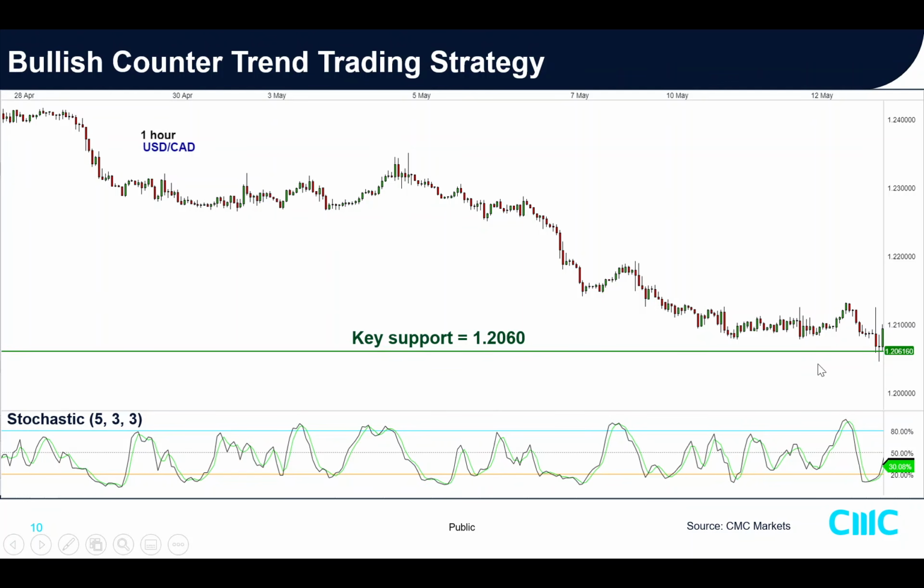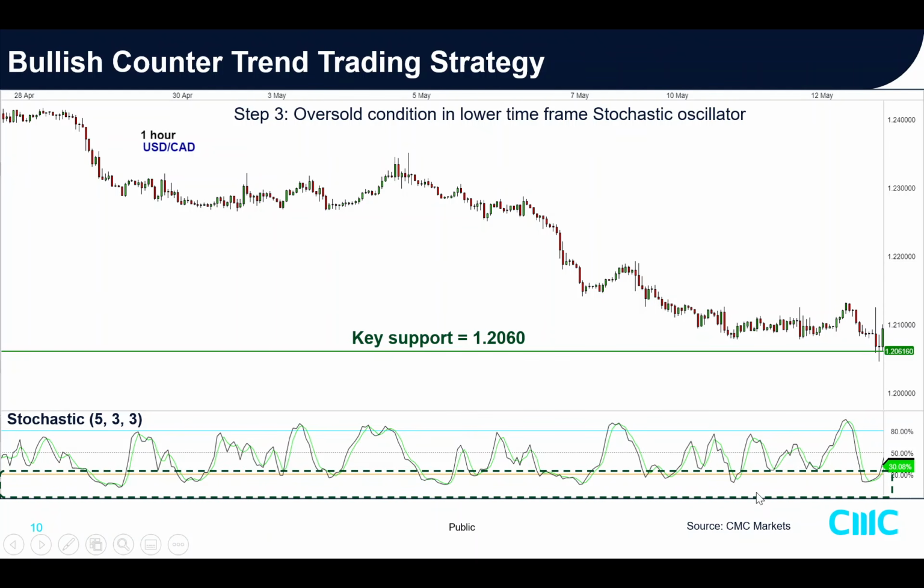Then I look out for an oversold condition on the lower time frame stochastic oscillator, which is over here. I also covered this in module 5. What is a stochastic oscillator? You can look back at my previous video, where I explain in greater detail the parameters of the stochastic, why I set it to 5-3-3, what oversold and overbought conditions are, and, more importantly, what a stochastic oscillator is and what it measures.